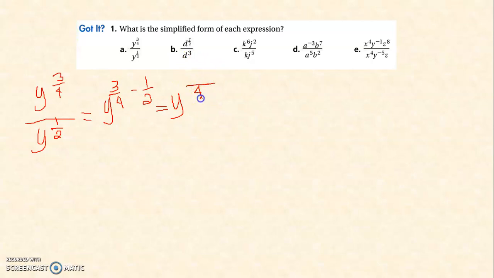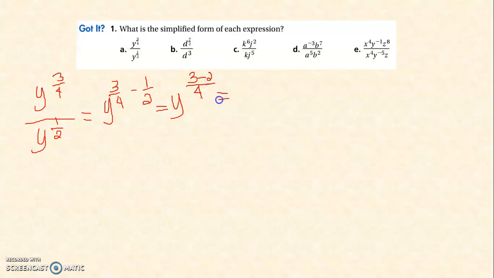4 divided by 4, that is 1, times 3, and that is 3. The operation is subtraction. And then 4 divided by 2, that is 2, times 1, that is 2.